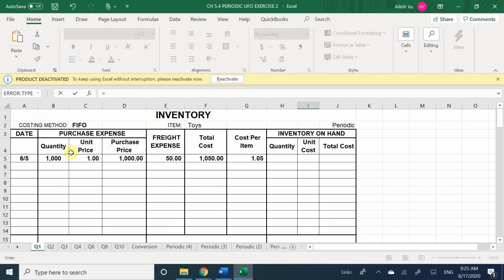So we cannot do 1.05, because the shipping, the freight, is separate from the actual cost that you purchased it for. I thought that when it's full cost, it includes the freight. But this is us returning to a vendor. This is a full refund, yes, but shipping is definitely not included. Shipping, we had to pay separately to get the items to our store, so that is a completely separate cost from the actual purchase.